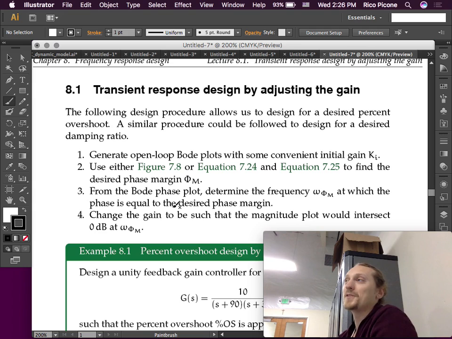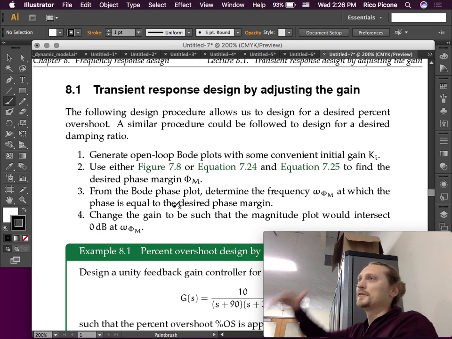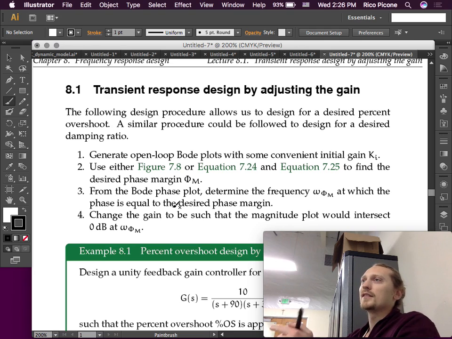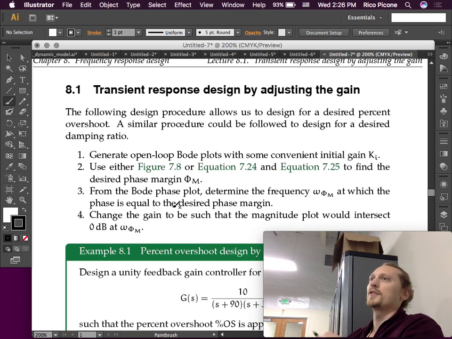So when we adjust the gain, if you think about it in terms of the Bode plot, what are we adjusting? Do we change the phase diagram at all? No, the phase not at all. It's just the magnitude. So just moving the magnitude up and down, and that changes the location of the phase margin definition.